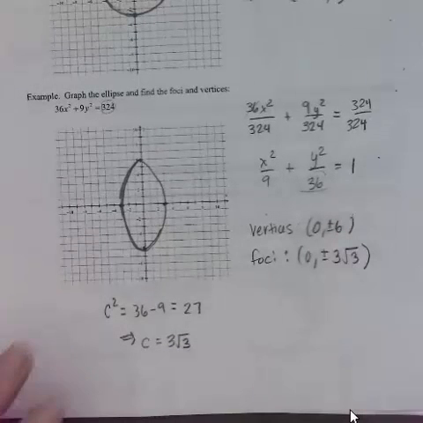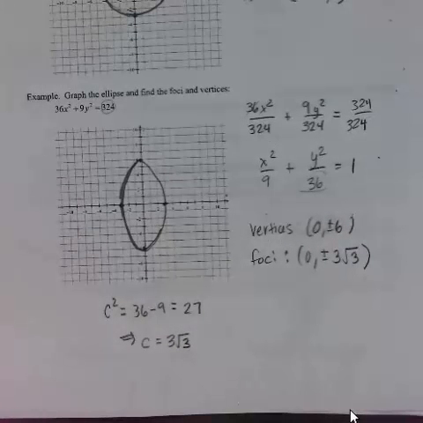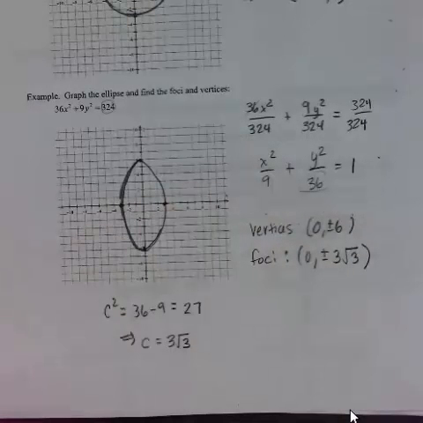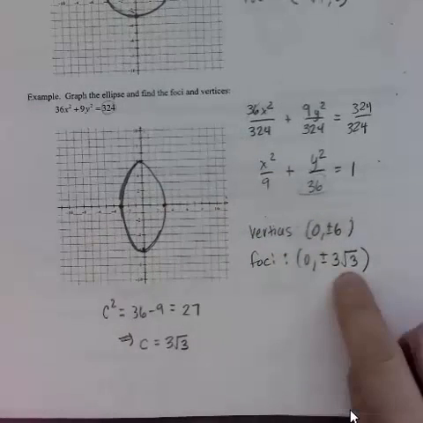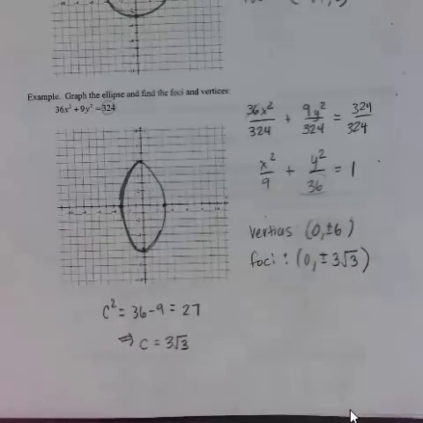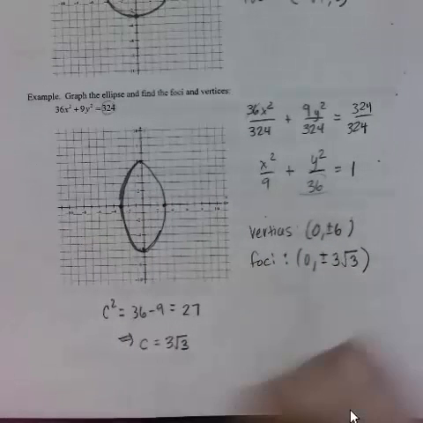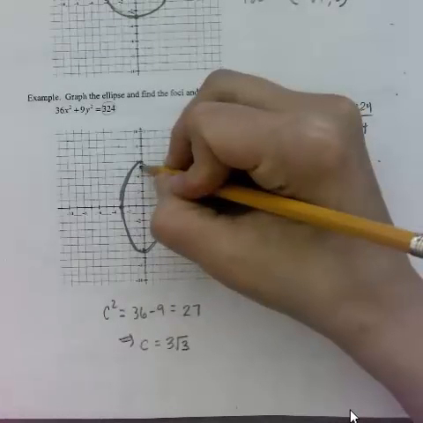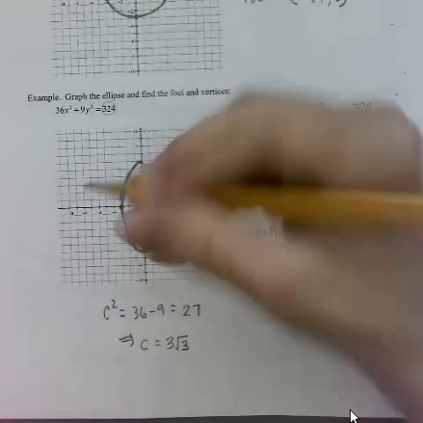Again, if I ask you to label, I didn't say that in this, but a lot of times I do that on tests. I say to label them. So you just need to plot those points. 3 radical 3 is about 5.2. So there's one focus and there's the other.